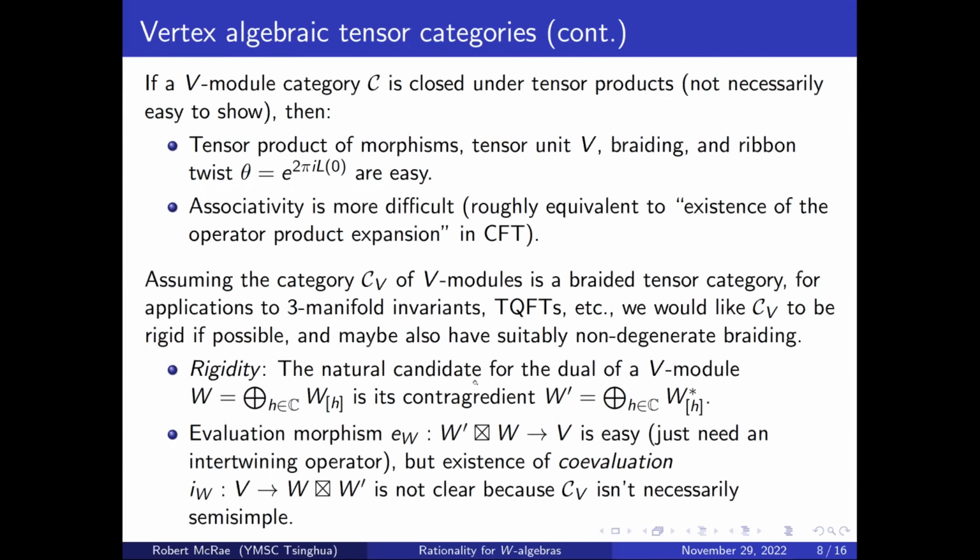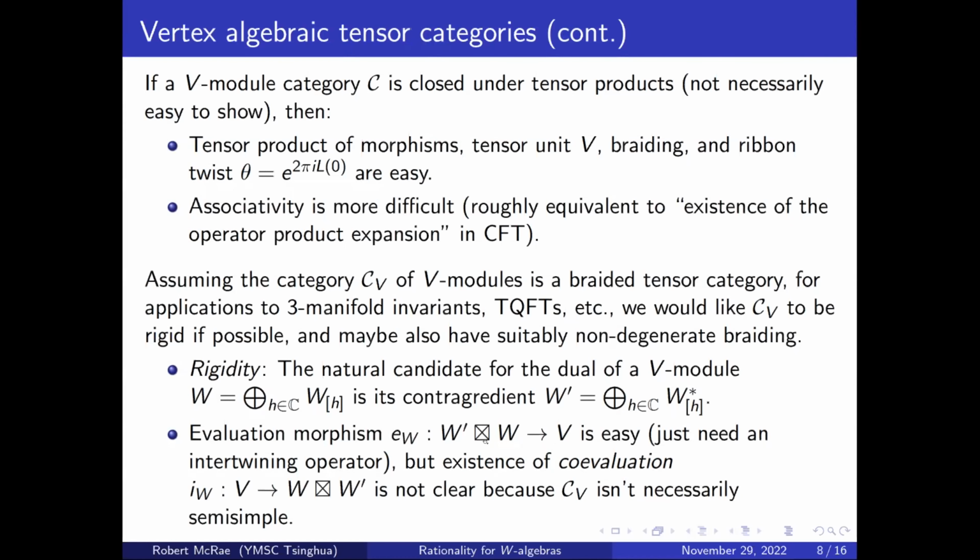Rigidity means that you have to have a dual for every module in your category. And a natural candidate, of course, would be this contragradient module, which is constructed on the graded dual vector space. But you need more than just a candidate module. You need an evaluation homomorphism, which is a map from the tensor product of the dual and the module into the unit object V. This is easy in many cases because to get a map like this, you just need to construct some intertwining operator that involves these modules.